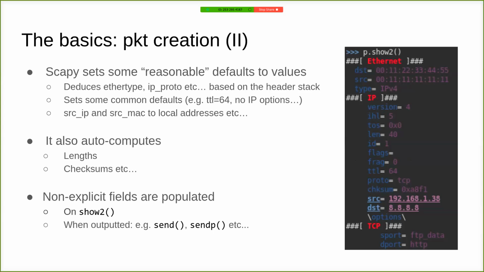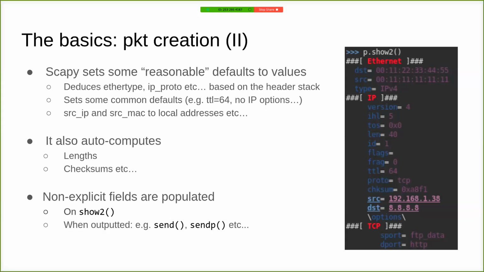In particular, if you have a stack of protocols, it will automatically put things like the ether type or the IP protocol, which already signals what is the next protocol that comes in the stack. It will also add some common defaults like a valid and quite common TTL, which is 64.